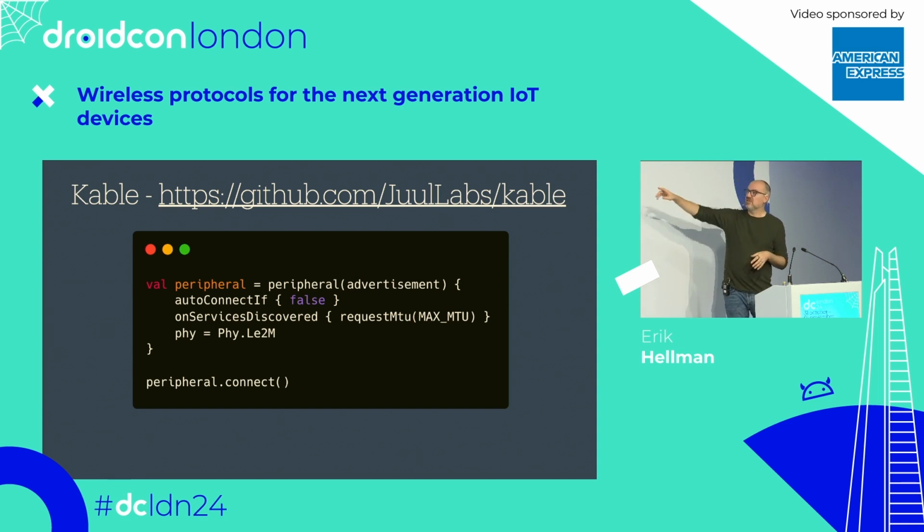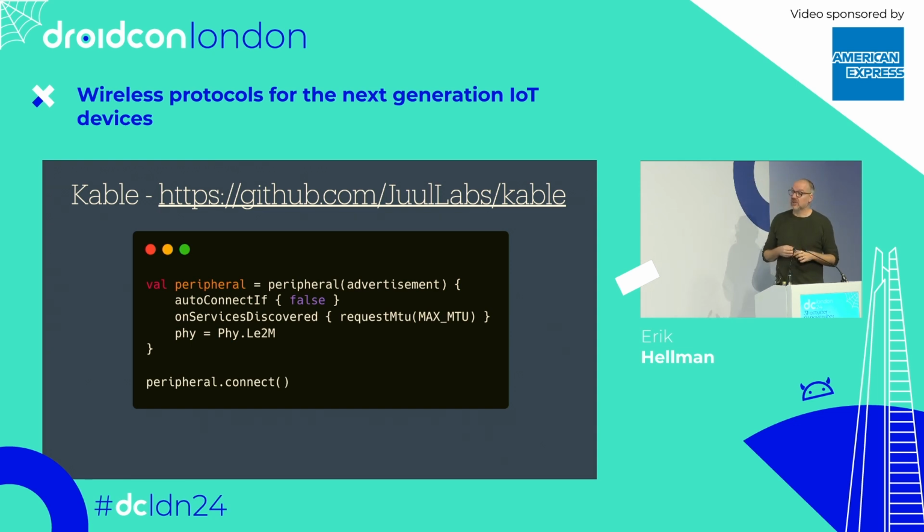So by setting this to 2M, you get 2 megabit per second instead of 1 megabit per second. There is also one called coded, where you get, I think, 128 kilobit, but you get much better range. So that's the trade-off you can make. The peripheral needs to support this. The peripheral can request this itself. It's basically a negotiation between the two devices.